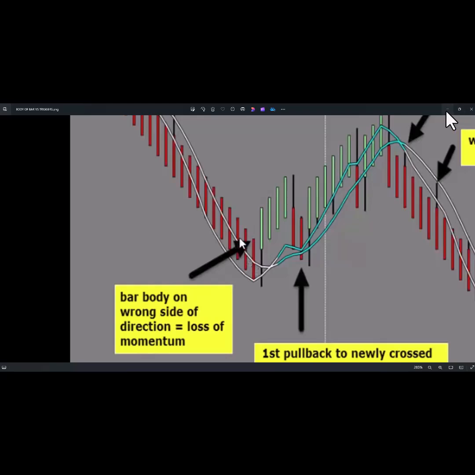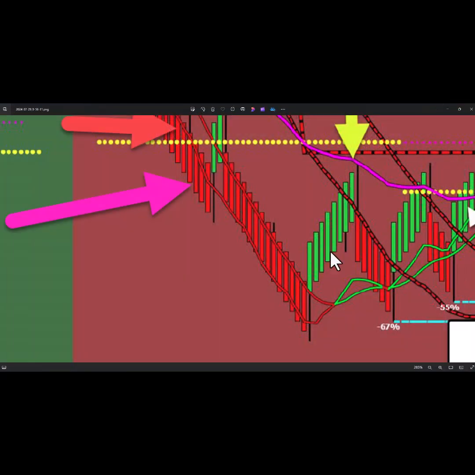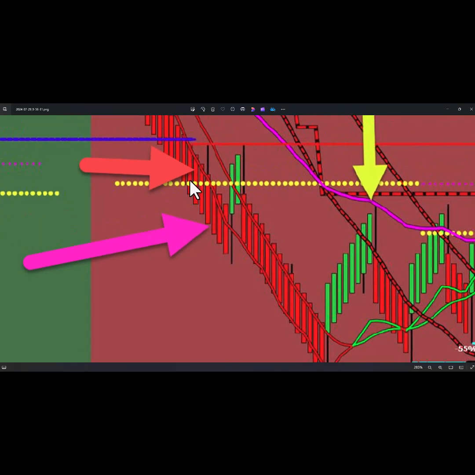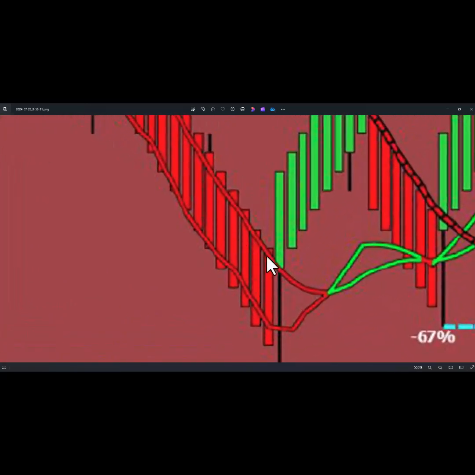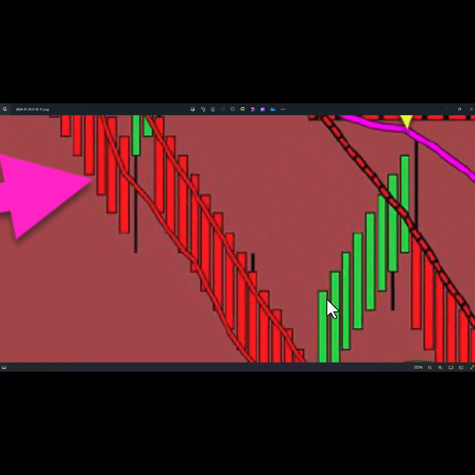So again, when we go back and look at this picture, see how the price bars are below, triggers are below, you get your short, and then where are the price bars relative to the triggers? They're inside, right? That's the first loss of momentum. Once you close above, you're out.